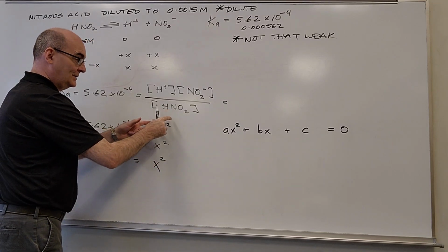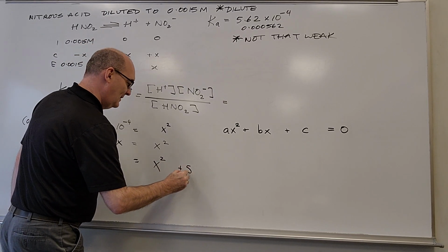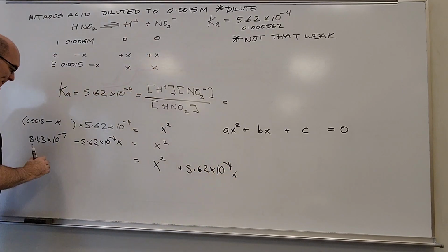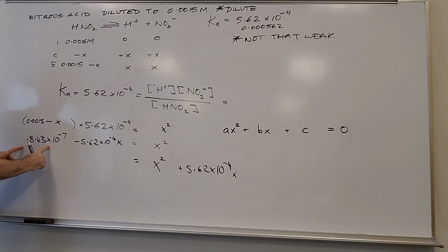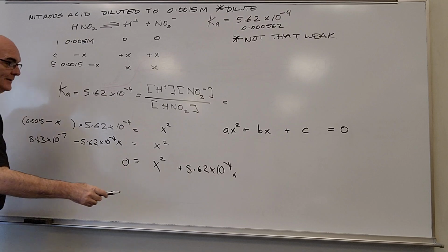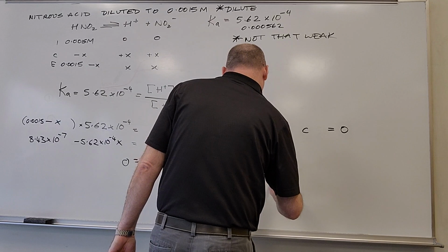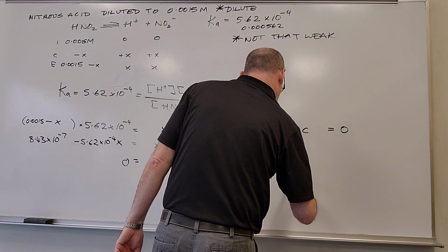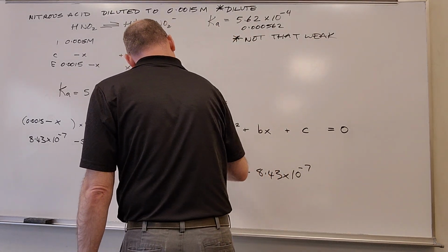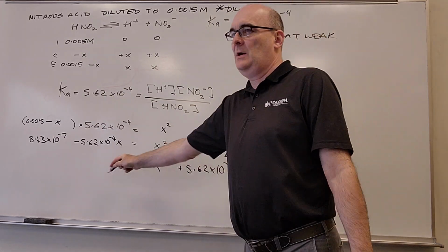This will now become plus 5.62 times 10 to the negative 4x. And then this becomes negative. I leave nothing on this side. Minus 8.43 times 10 to the negative 7. So there's my ax squared, there's my bx, there's my c, now all equal to 0.